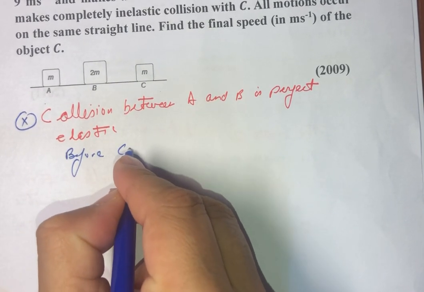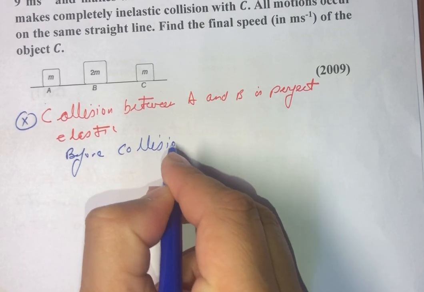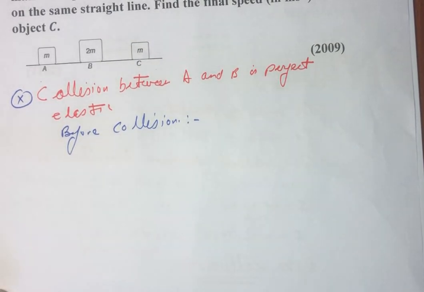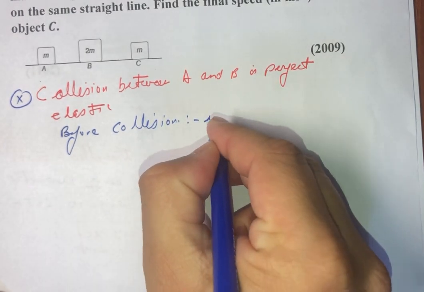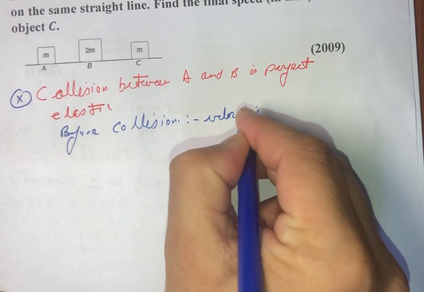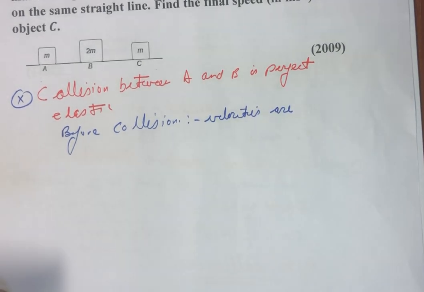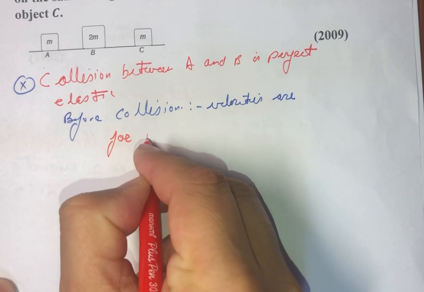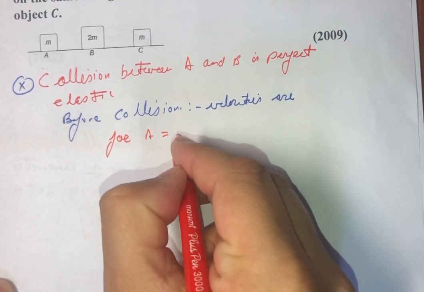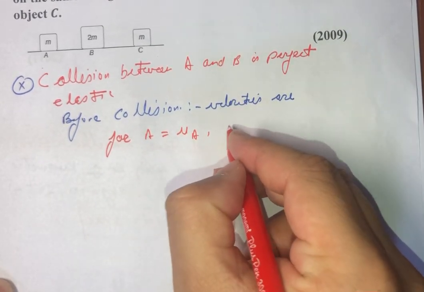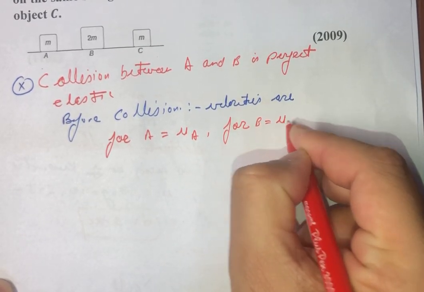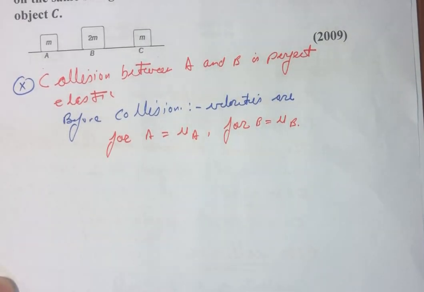Before collision, the velocities are, for A, let us suppose UA, and for B, UB.